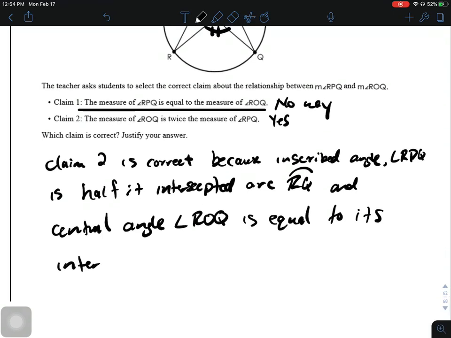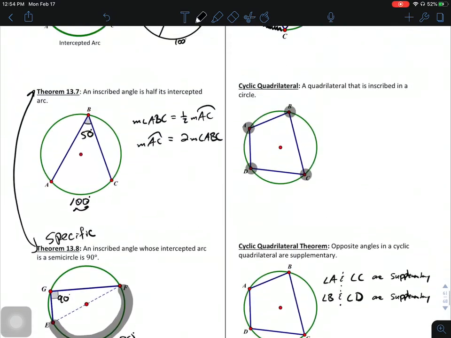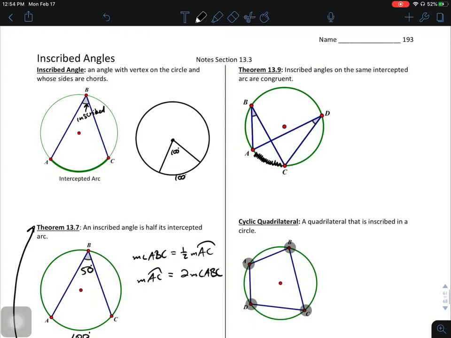I think that's a good enough explanation. That concludes 13.3. Please do the homework that accompanies this.